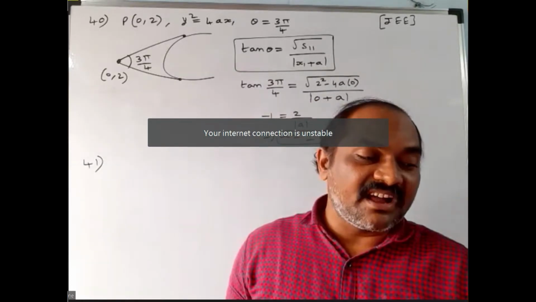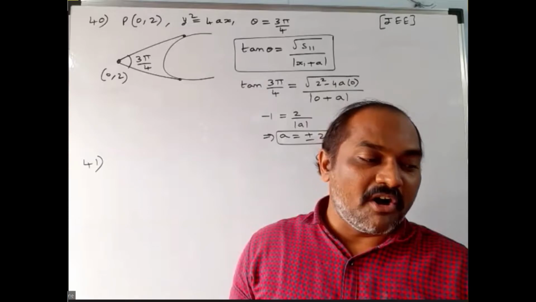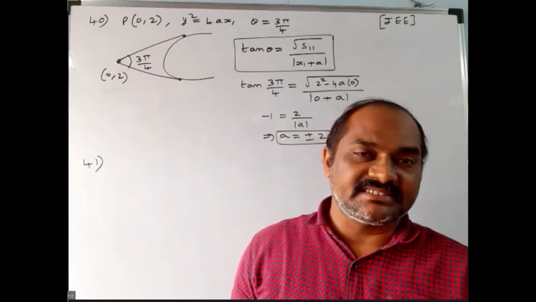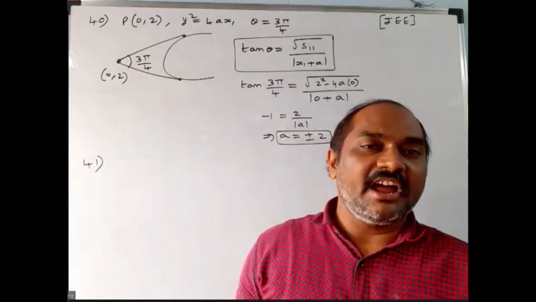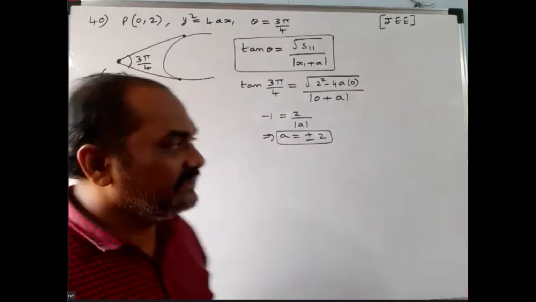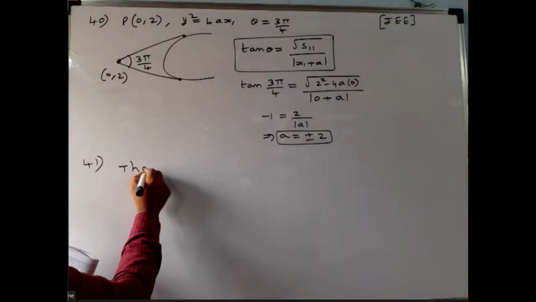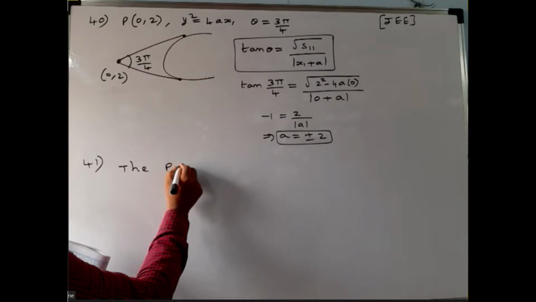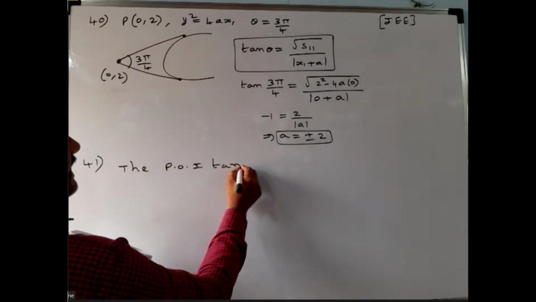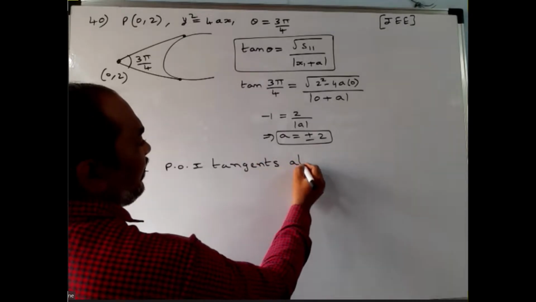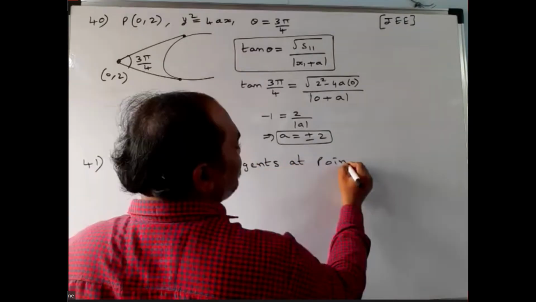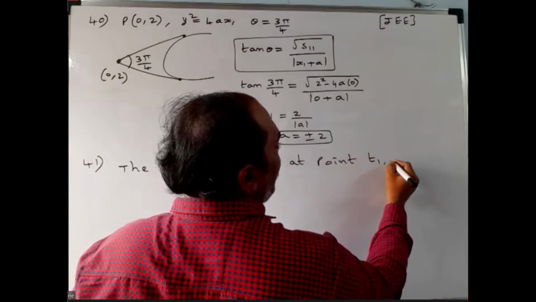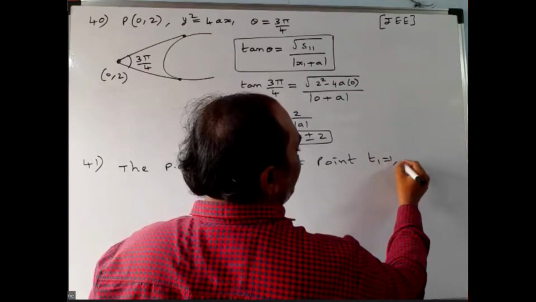The point of intersection of tangents to the parabola at the points t1, t2.